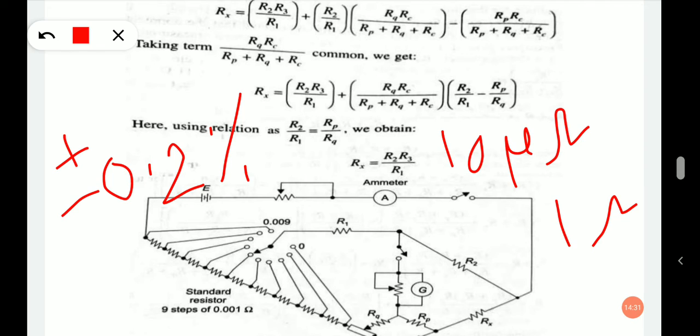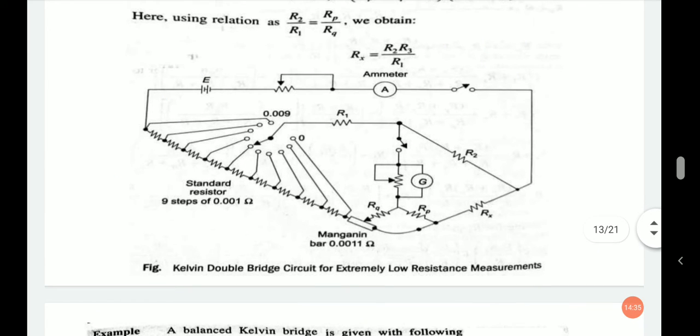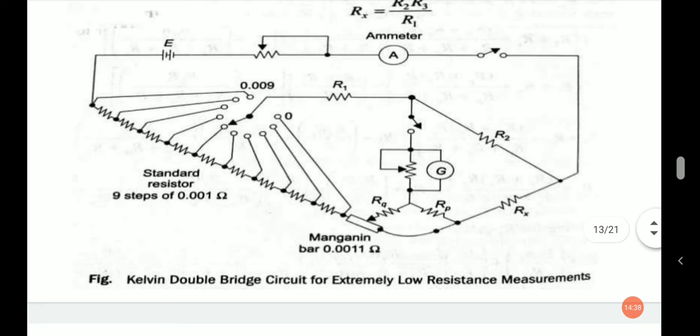The required circuit for such measurement is shown in the figure. In addition, even smaller resistances, say 0.1 micro ohm, can also be measured with this bridge at the cost of reduced accuracy.